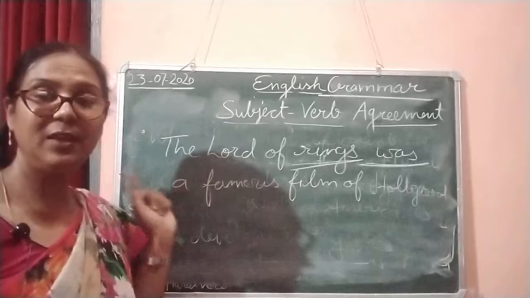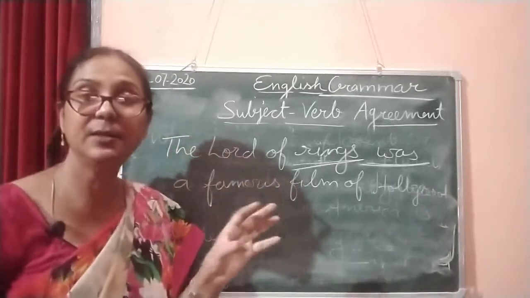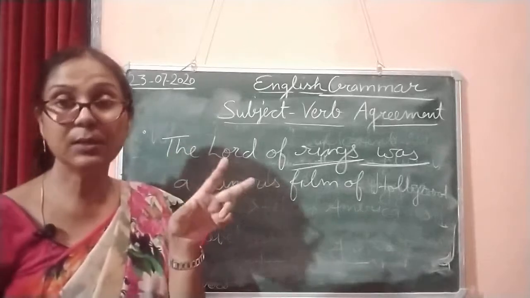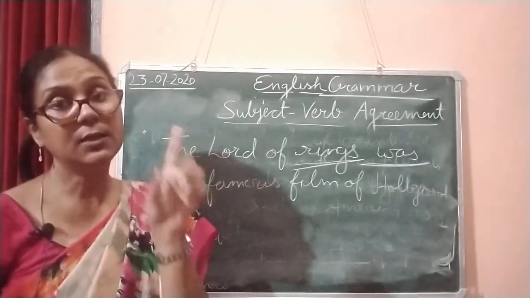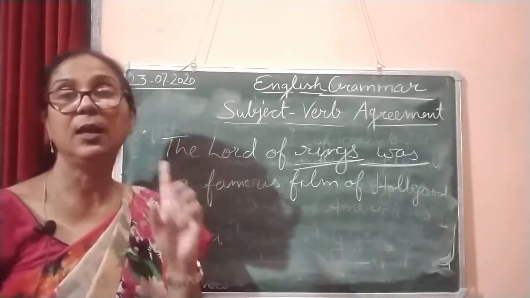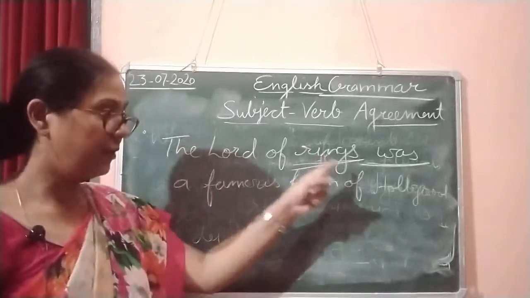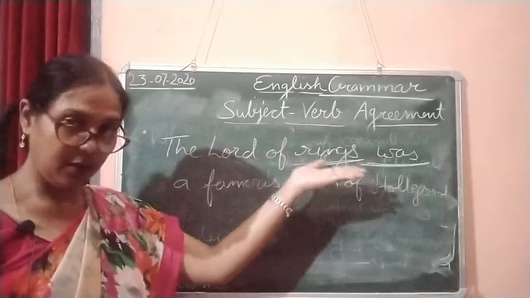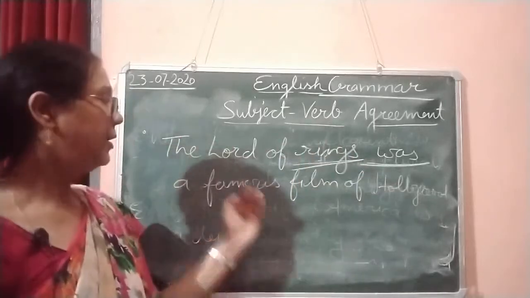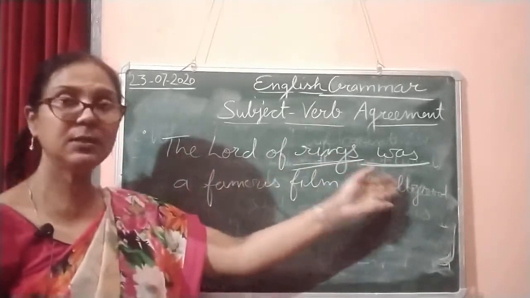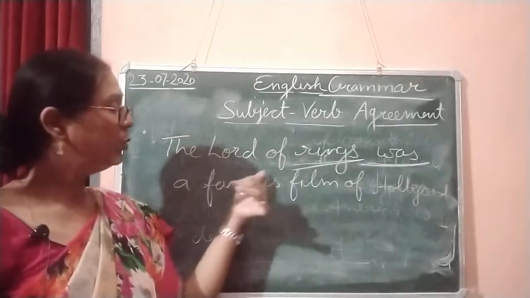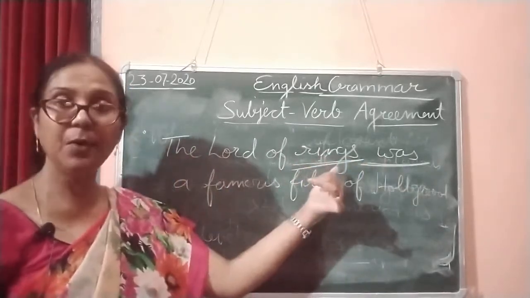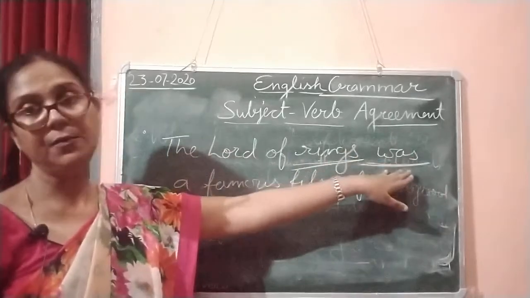So this way we can understand that if a country name is there and it is written in the plural form, having plurals, it is always considered in a singular form. So we will write verb is, as we have written in the earlier example. And here you can see The Lord of the Rings. This is rings over here, and you can see this is plural, and because this is the name of a film, that is why I have written was.